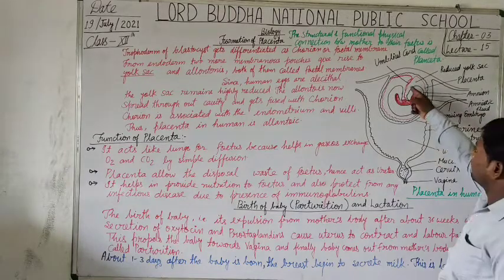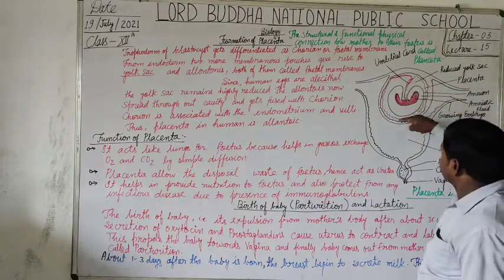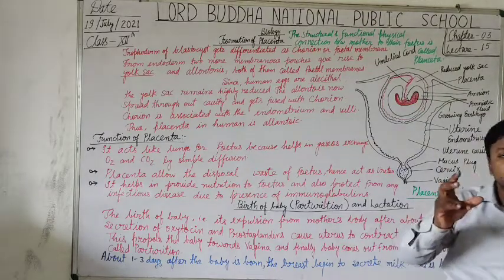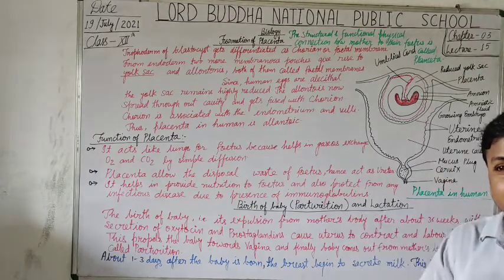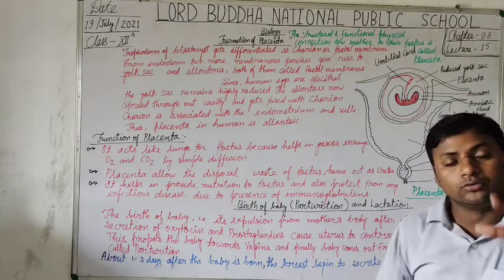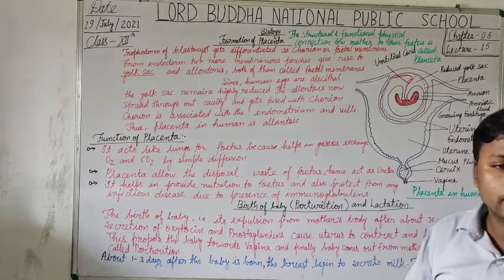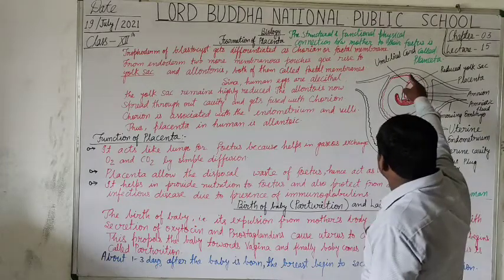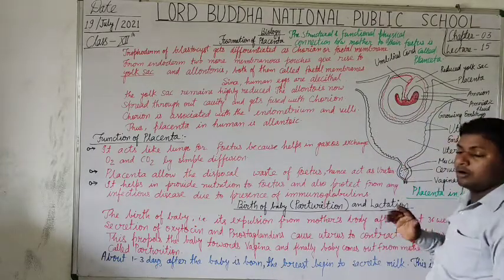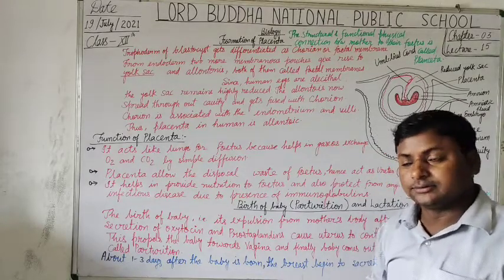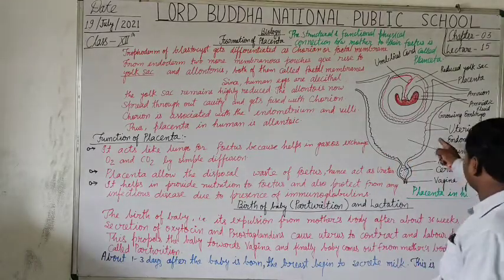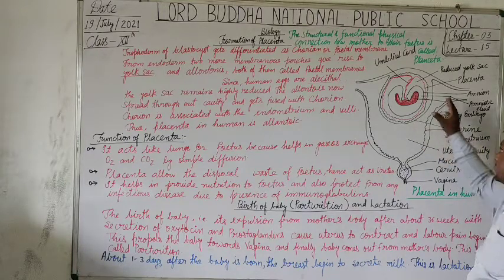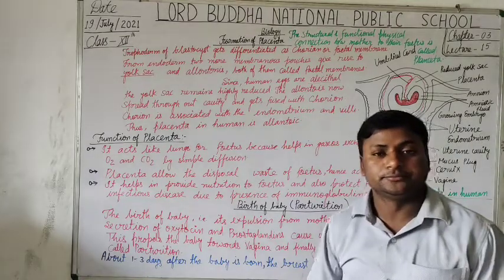Here students, all of you visualize this umbilical cord. This umbilical cord helps in transportation of food from the mother to the developing embryo. And this whole structure that is formed by the fundus of the uterus and the endometrium is the placenta.